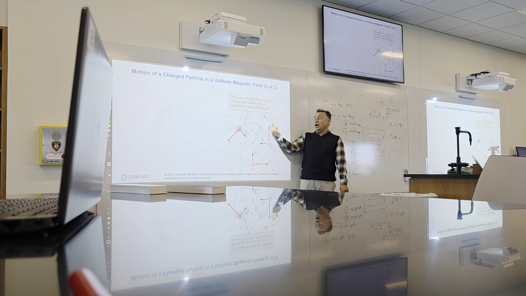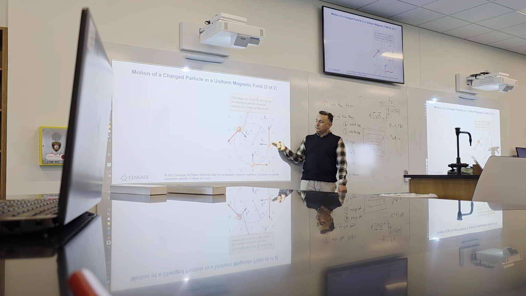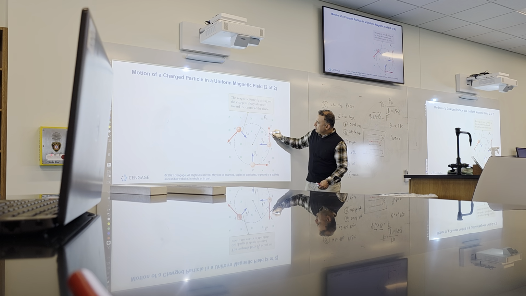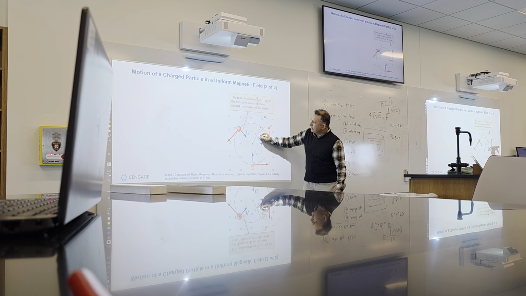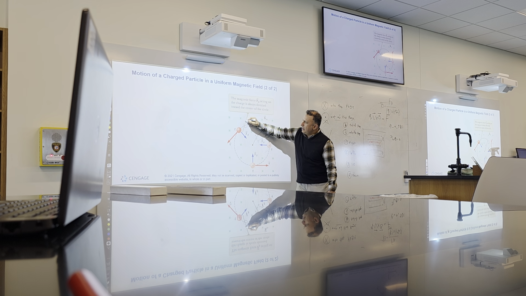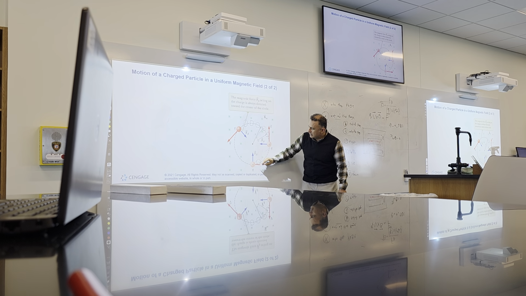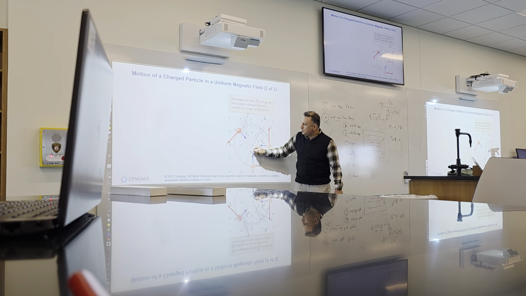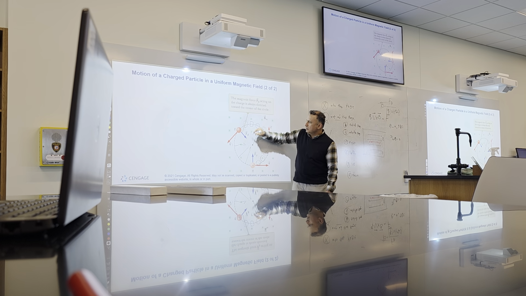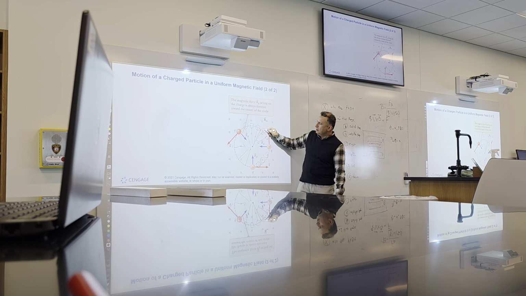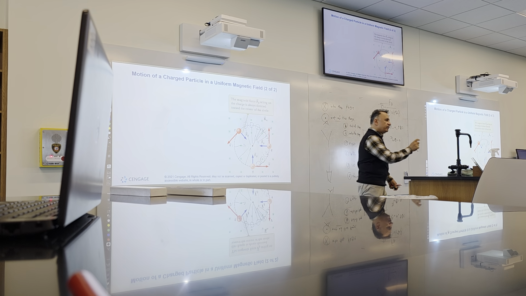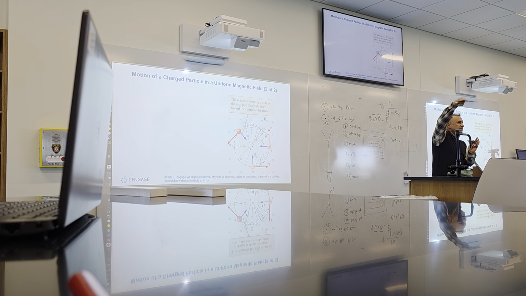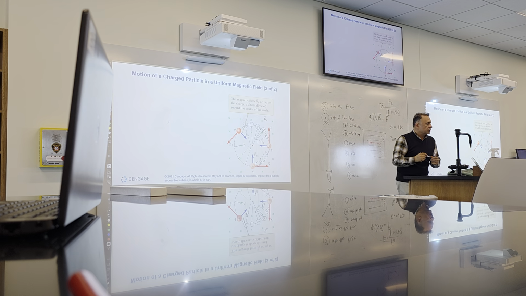The velocity is this, but now the force is here. So it pushes it a little higher. Again, a little higher, again and again. All the time there's going to be a force toward the center. So the magnetic force is always going to push it toward the center, or keep it on this leash of circular motion.